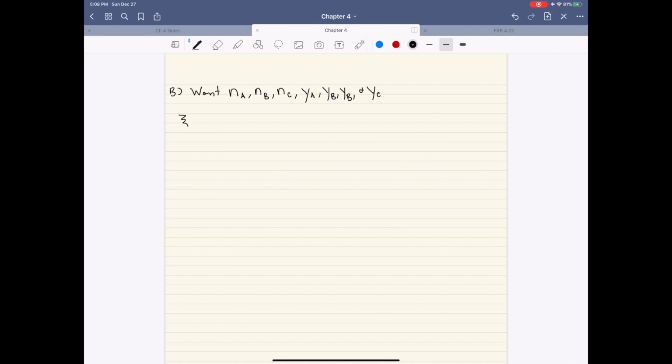The extent of reaction we reviewed in a previous video, but basically, the way it's defined is it's going to be the number of moles of a species i minus its initial number of moles, the little knot there, and then it's going to be divided by its stoichiometric constant.